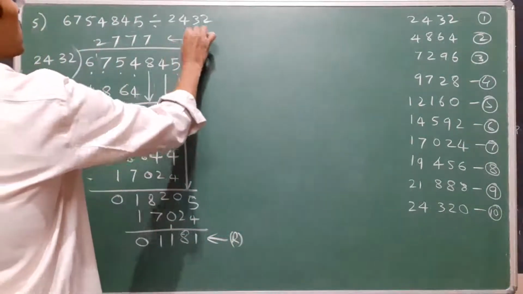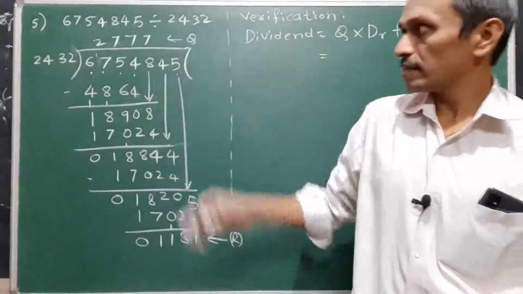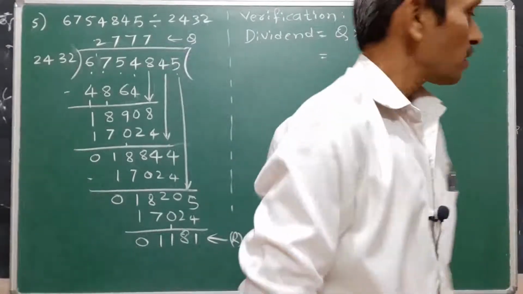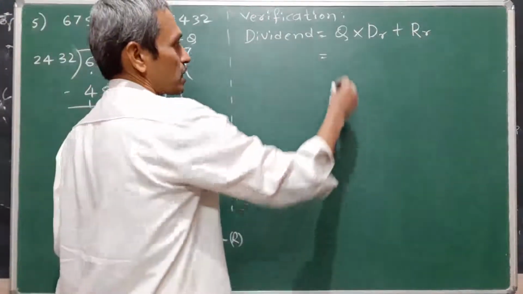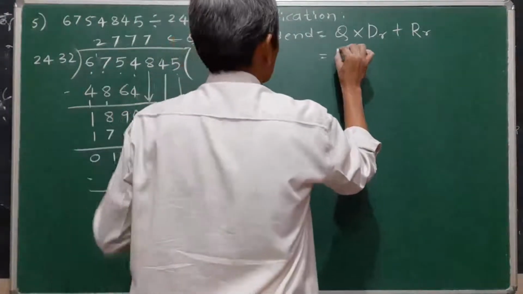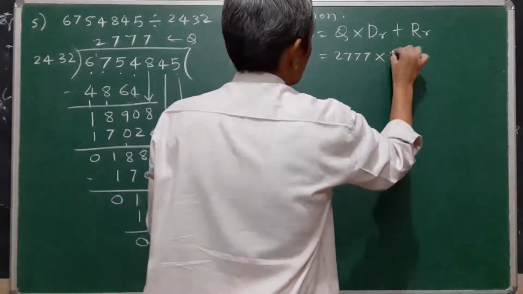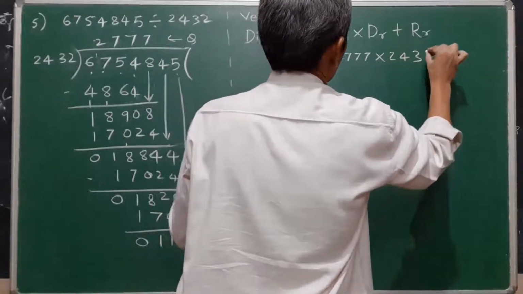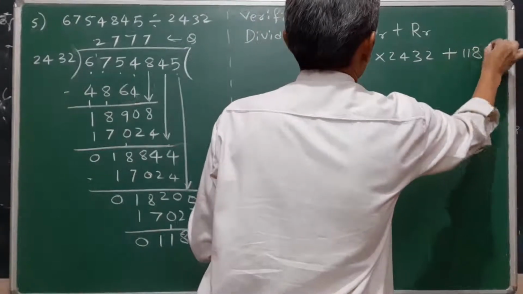This one is quotient. Verify this division process by using the formula dividend is equal to quotient into divisor plus remainder. Quotient is here 2777 into divisor is 2432 and remainder is 1181.